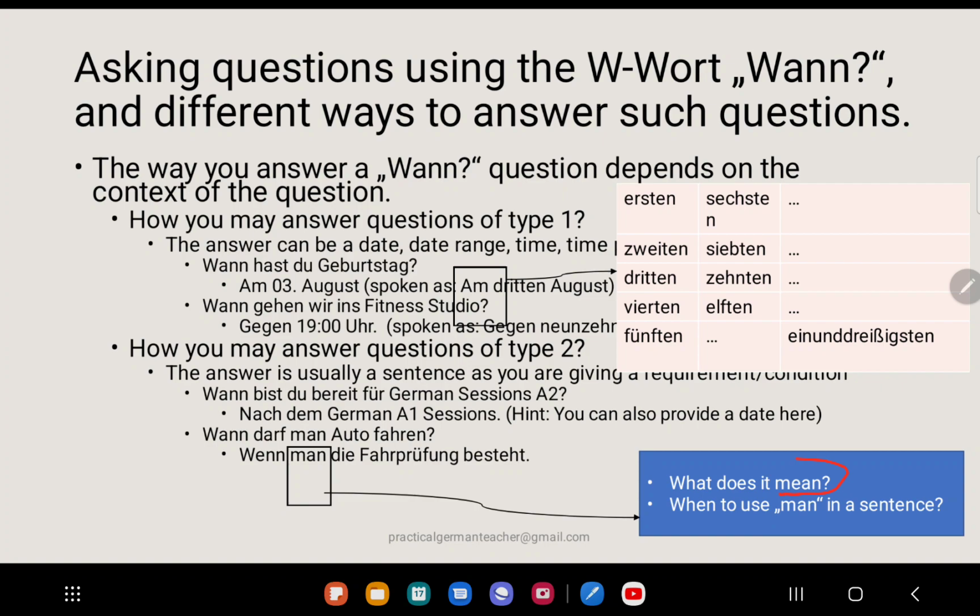Whenever in English we say, one must not smoke in the office, one must exercise regularly, whenever you want to say one, not as a number but as a pronoun, you can use man, right?